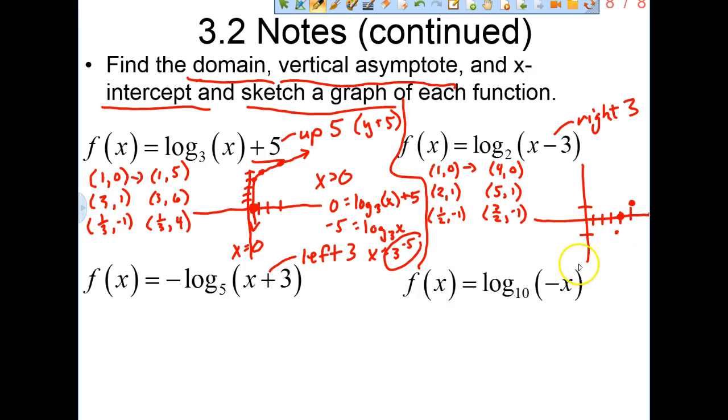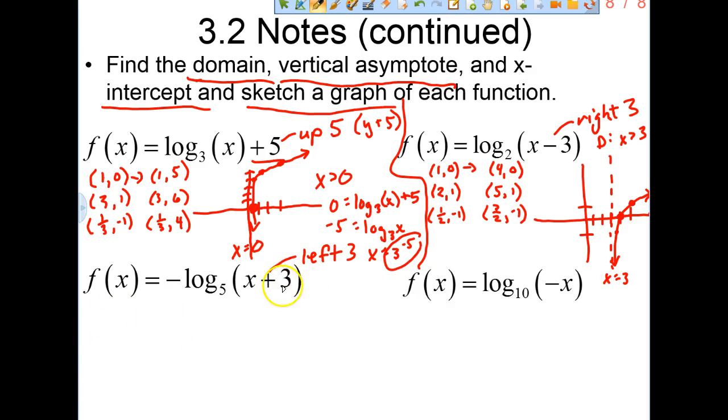Now, the asymptote originally was x equals 0, so if I shift it to the right 3, the x value changes, and so it becomes x equals 3, which now means that my domain is x is greater than 3. And so we get this graph, which has the vertical asymptote. All right, the next one.